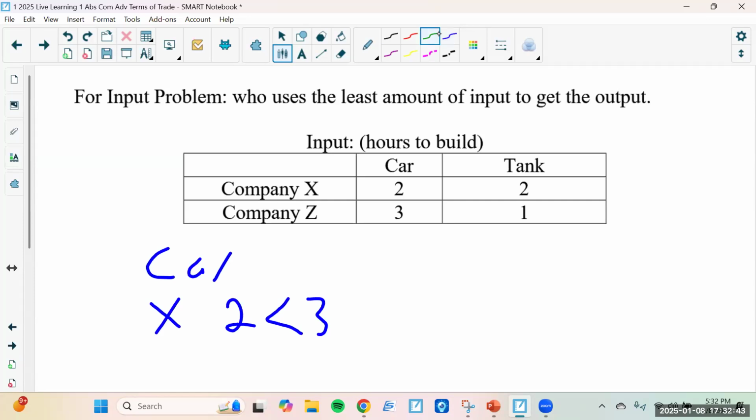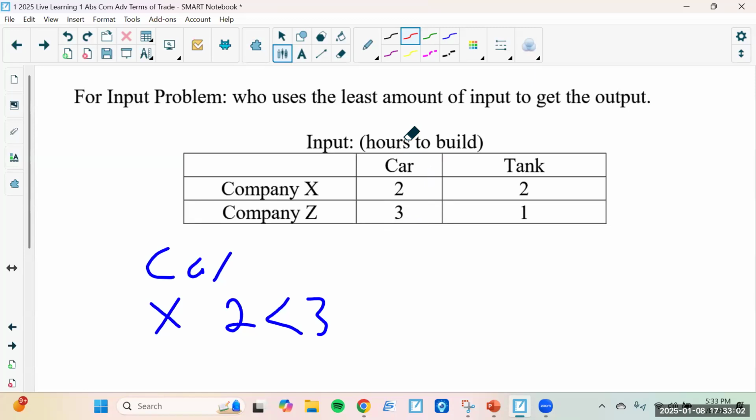Would you rather spend 2 hours doing your homework, or would you rather spend 3 hours doing your homework? If you spend 2 hours and you get a 100, and your friend spends 3 hours and gets a 100, you had the advantage because you got the 100 with just 2 hours of work versus 3 hours of work.